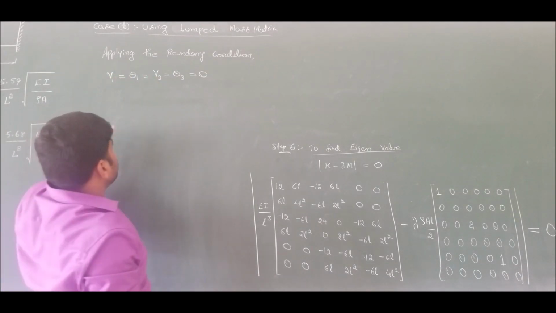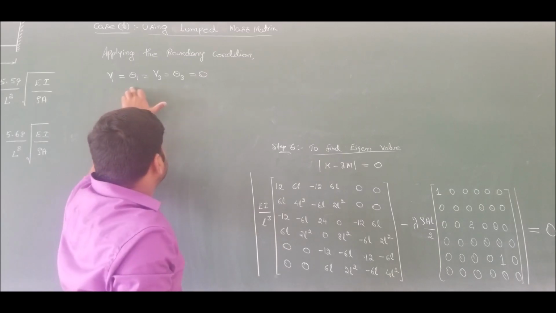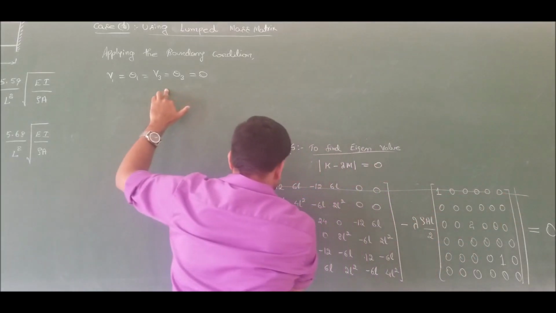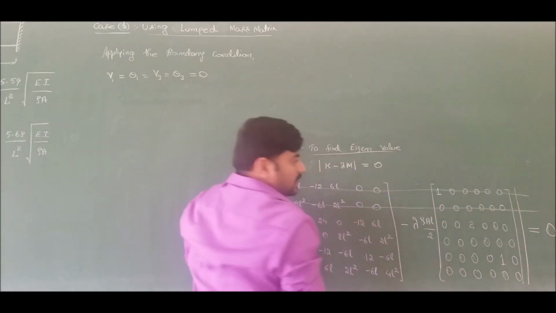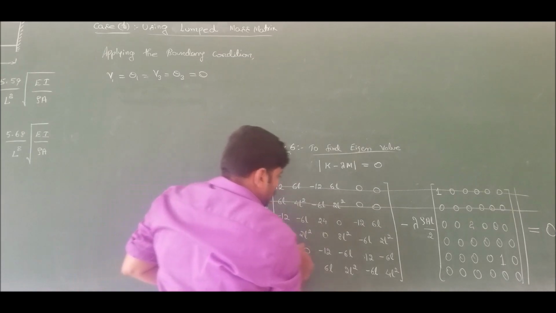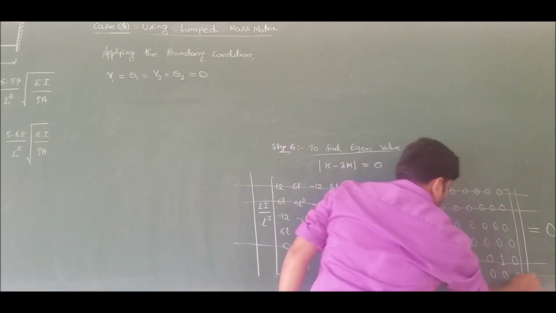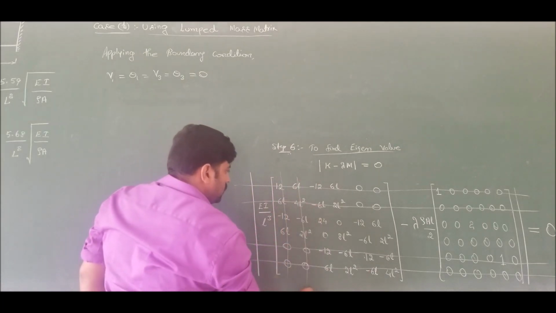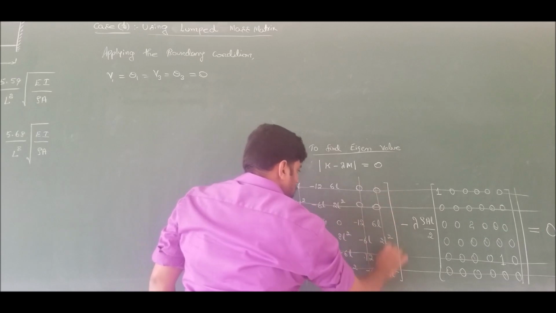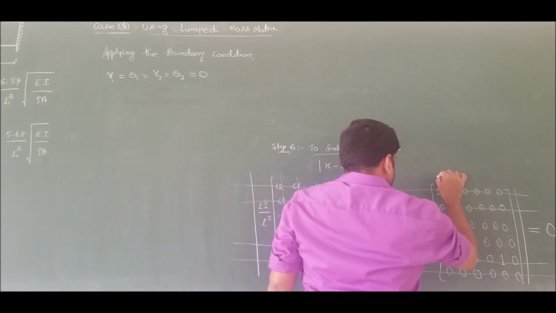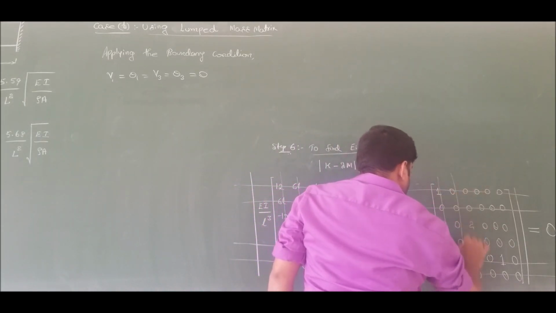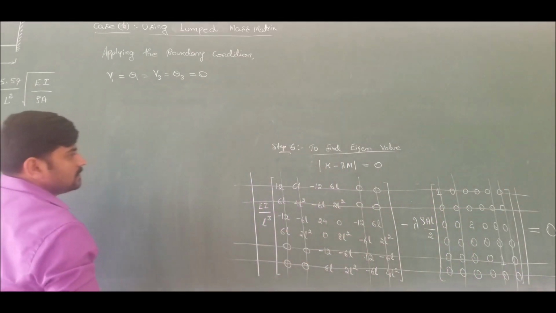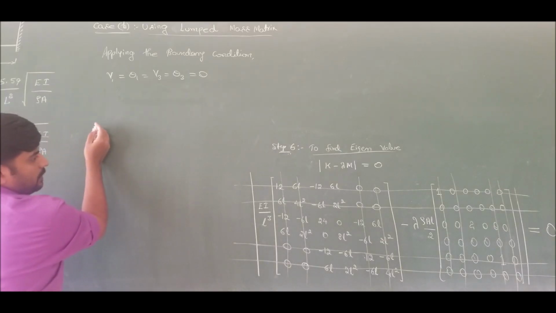So eliminating the rows and columns corresponding to these 4 nodal variables: eliminating the first row and second row corresponding to V1 theta 1, fifth row and sixth row corresponding to V3 theta 3. Similarly eliminating columns 1 and 2, 5 and 6, and also in the mass matrix columns 1 and 2, 5 and 6.